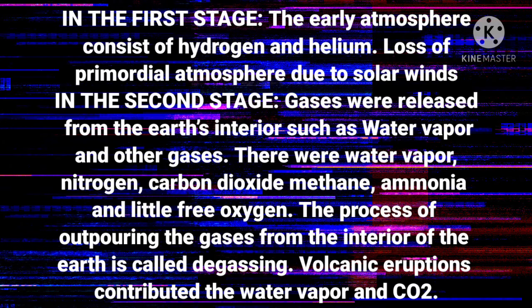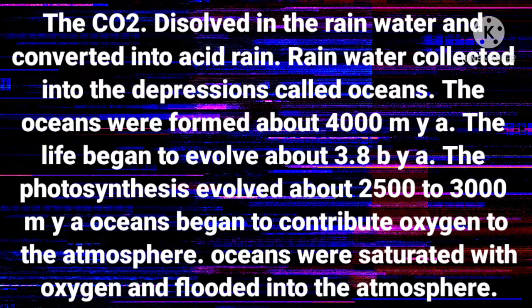Life began to evolve about 3.8 billion years ago, and then photosynthesis evolved about 2,500 to 3,000 million years ago. Oceans also formed and they began to contribute oxygen to the atmosphere.